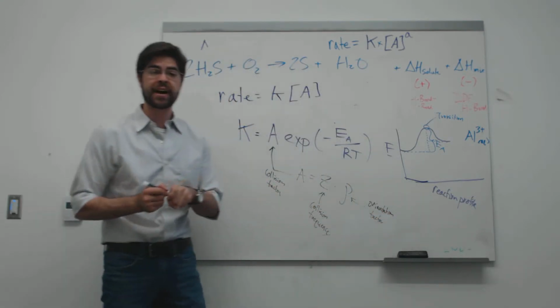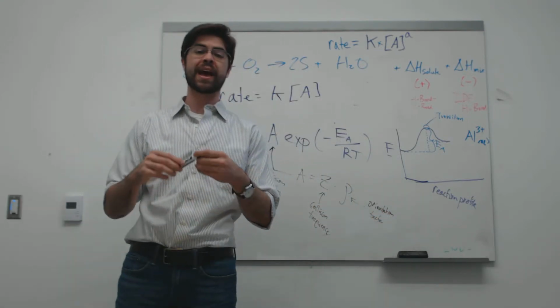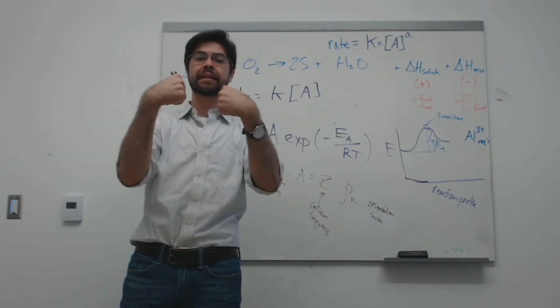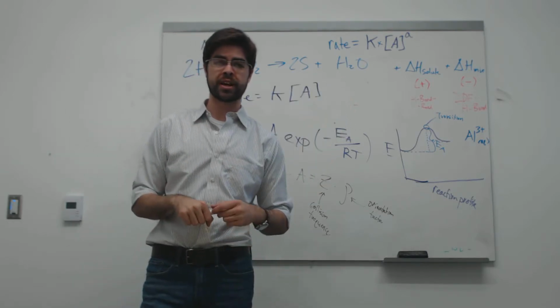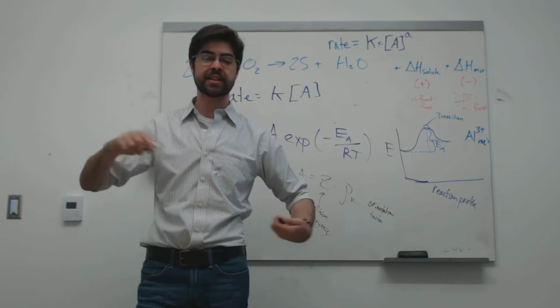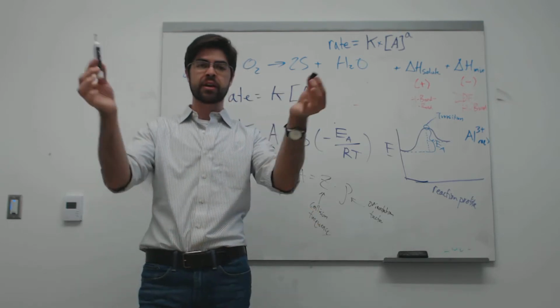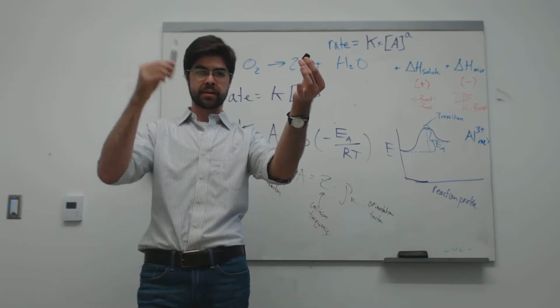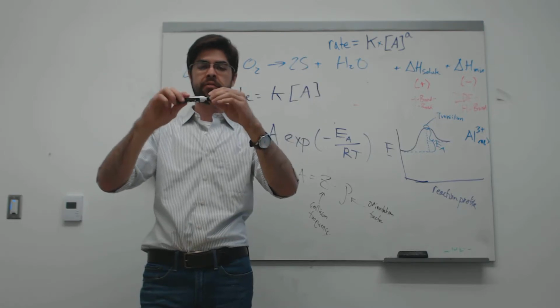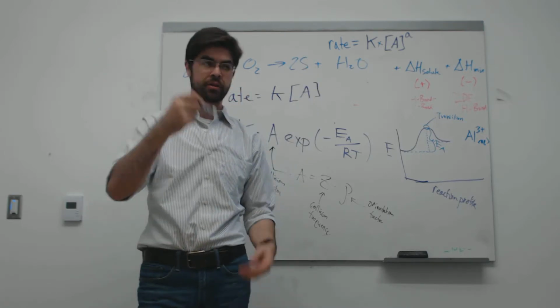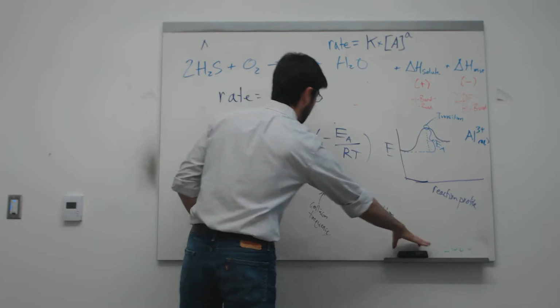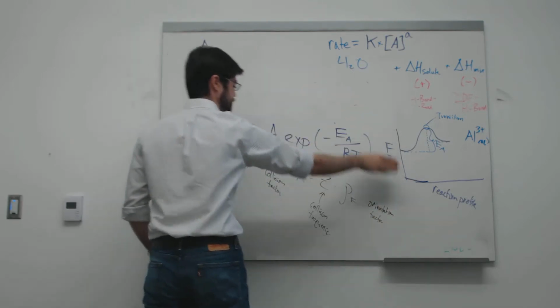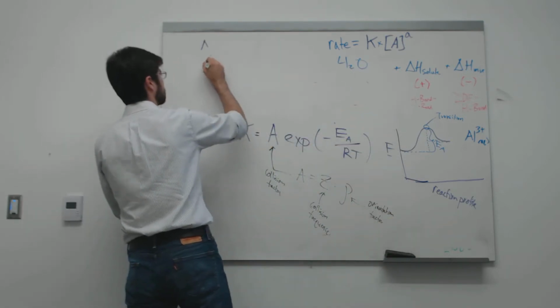That is a factor that takes into account the fact that reacting species need to actually collide in the correct orientation for the reaction to be successful. Case in point, if we think of this as one reactant and another reactant, coming together as the product, I could represent that reaction like this.